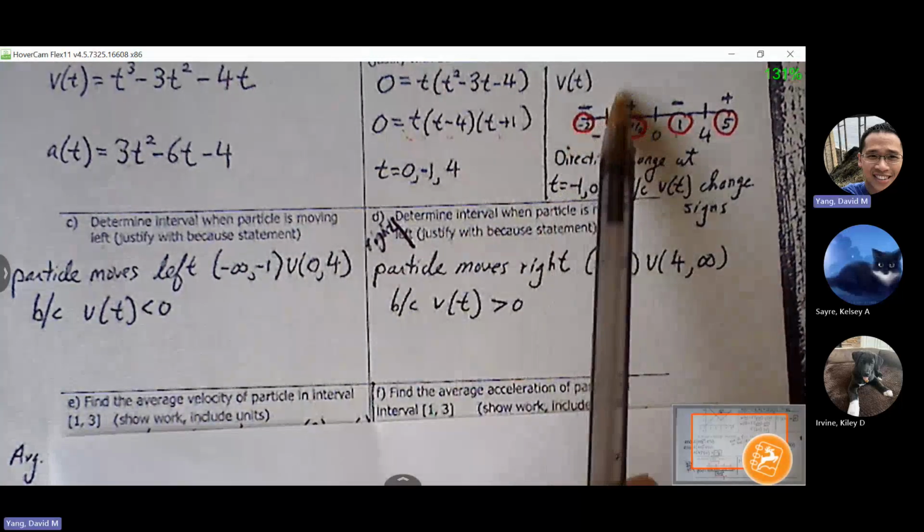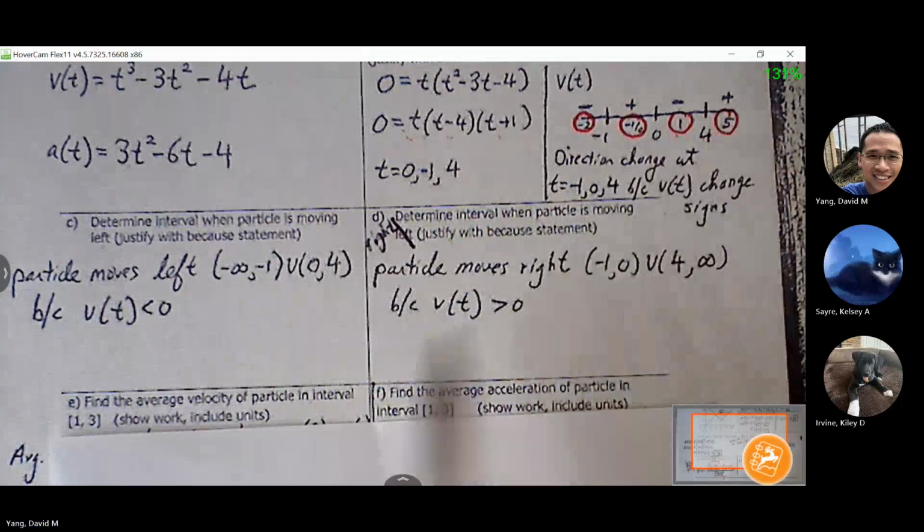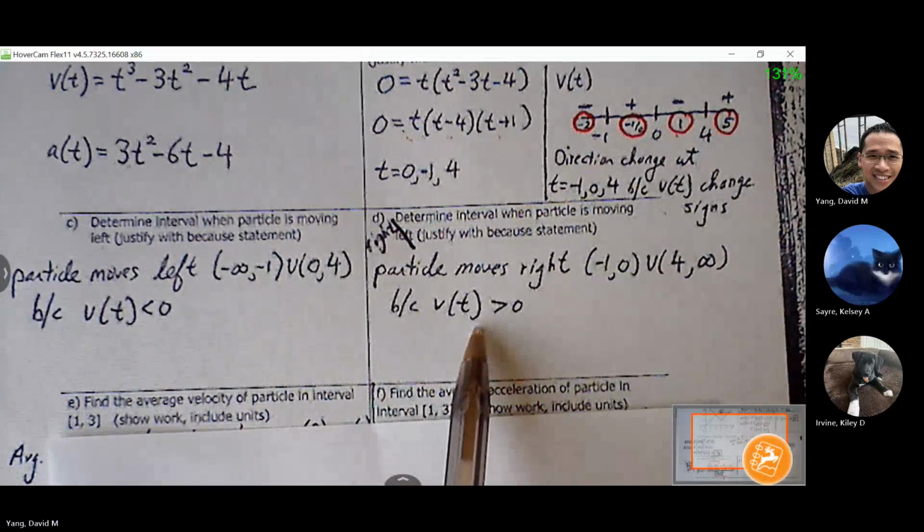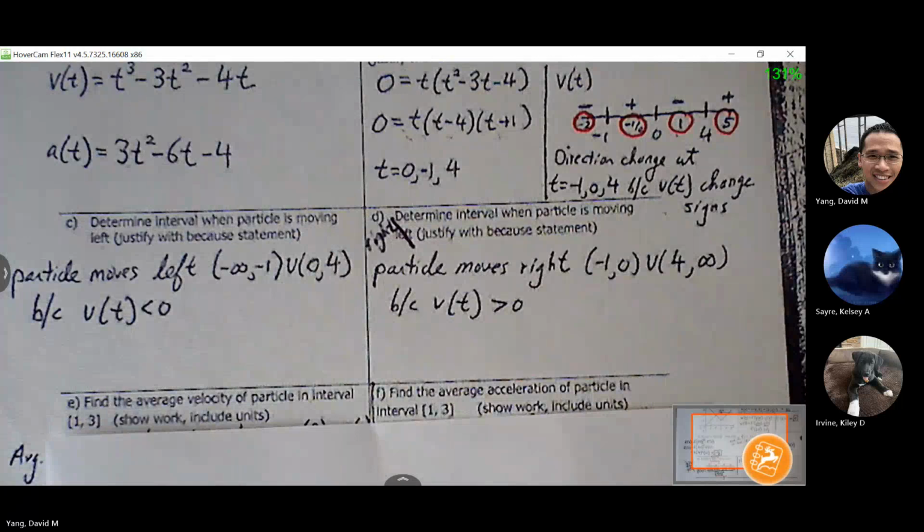Particle moves right in the second and fourth region because velocity is greater than 0. We've done particle motion every day for the past few days, so hopefully it's becoming more familiar and more comfortable.